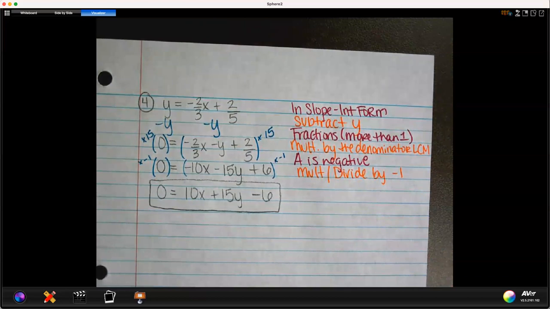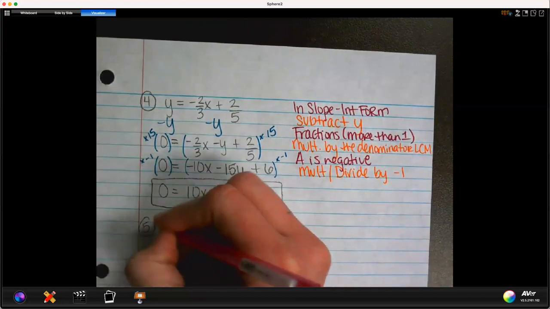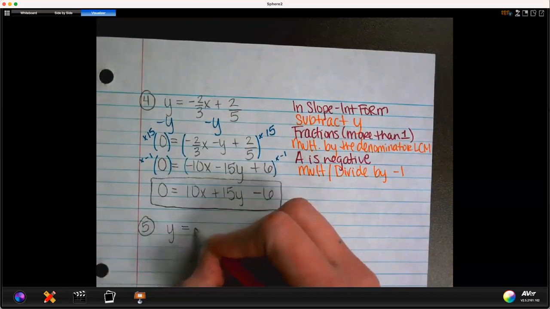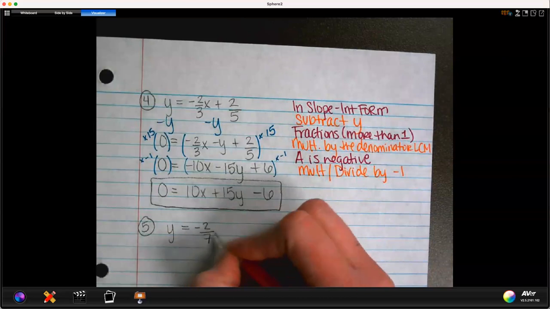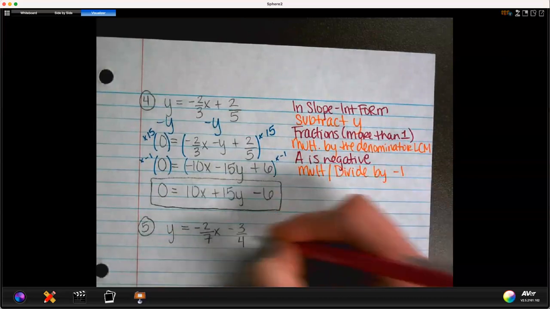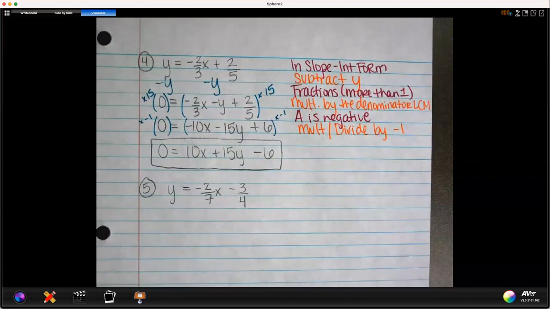I'm going to write number 5 and have you try it on your own now that we've done a few together. So number 5 is y equals negative 2/7 x minus 3/4.